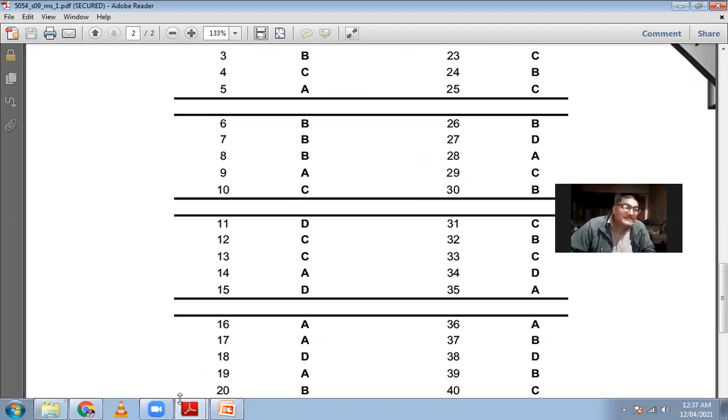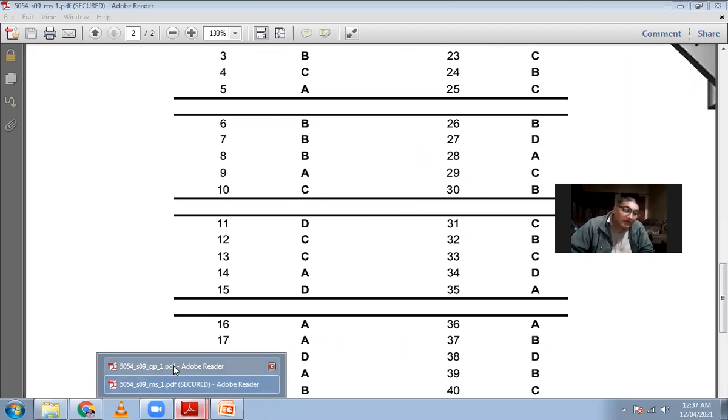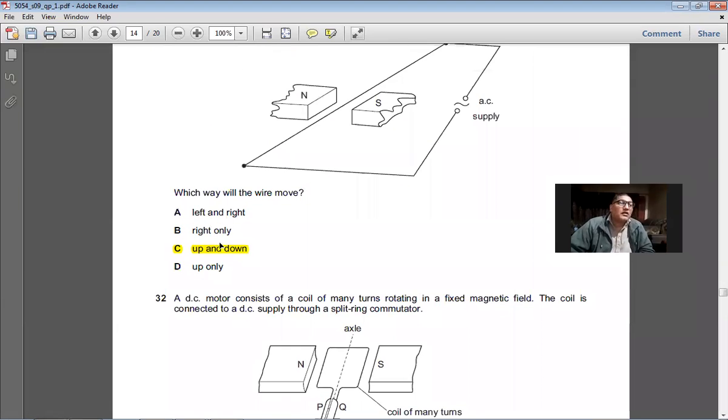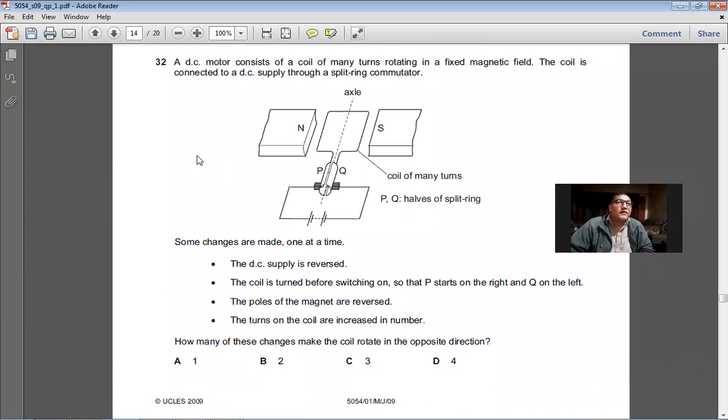Question number 31, C is the choice. The DC motor consists of a coil of many turns rotating in a fixed magnetic field. The coil is connected to a DC supply through a split ring commutator. Some changes are made one at a time.